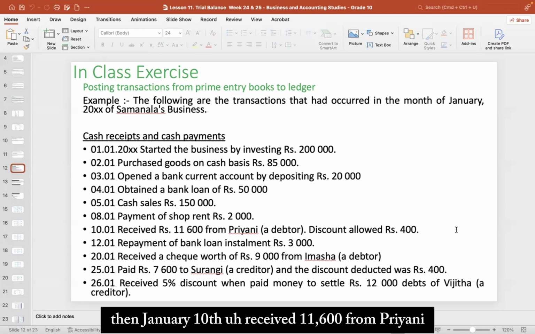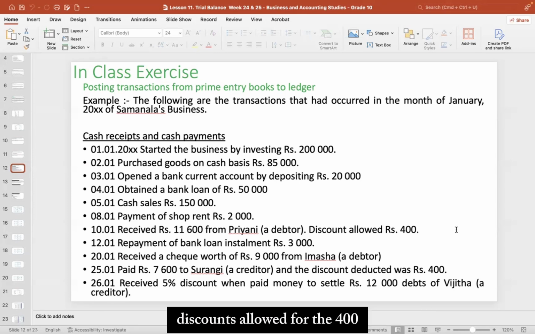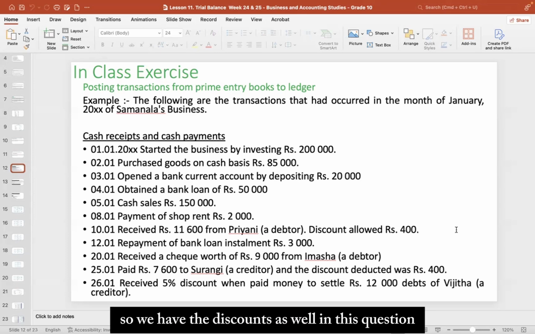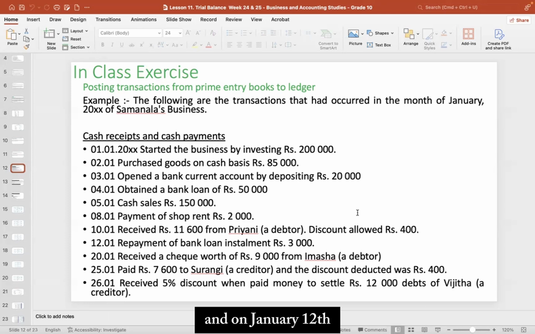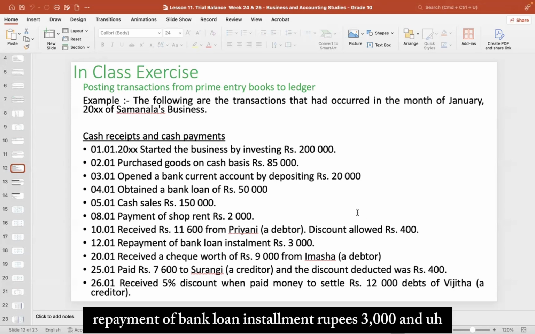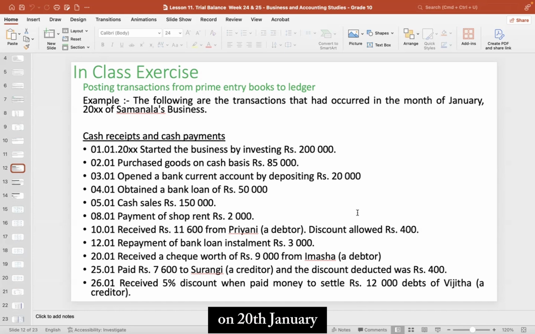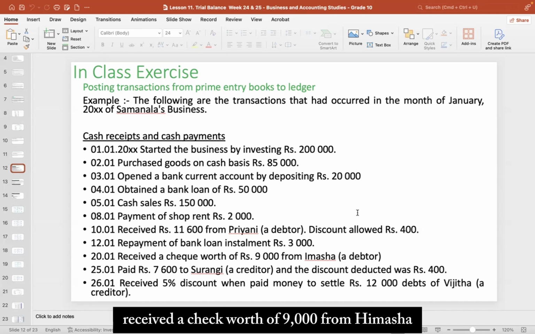Then January 10th, received 11,600 from Priyani, discounts allowed 400. So we have discounts as well in this question. On January 12th, repayment of a bank loan installment of rupees 3,000. On 20th January, received a check worth 9,000 from Imasha.